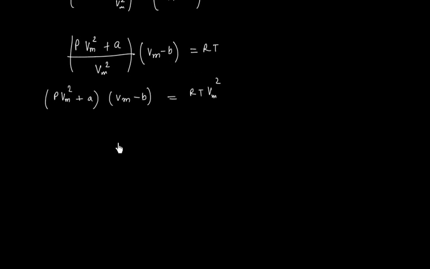Let us multiply, so we will have P into Vm cube, minus b into P Vm square, and then a into Vm minus a into b, equals RT Vm square.